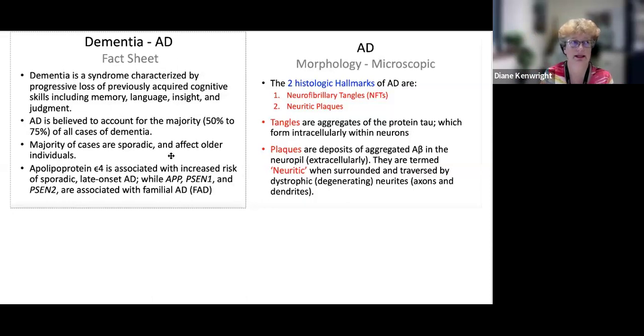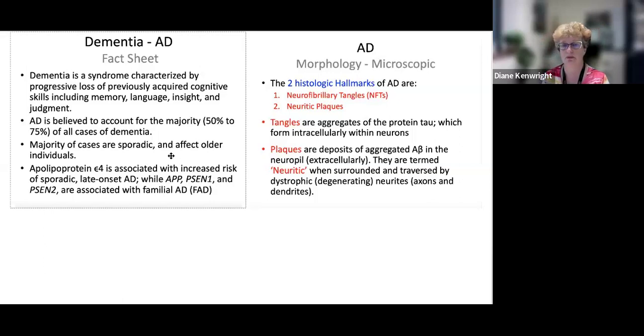But if someone is homozygous for the protein, has 2 copies, then they have a 50% chance of having Alzheimer's disease, often of earlier onset. It also means that 50% of them don't get Alzheimer's disease, so it's better thought of as a risk factor rather than the causative gene. It's an association.